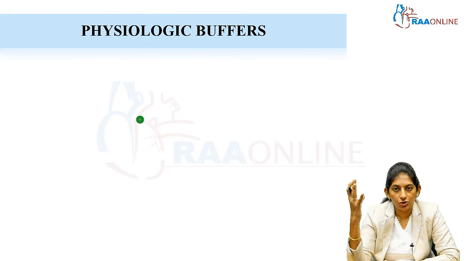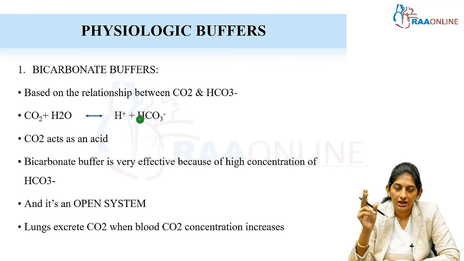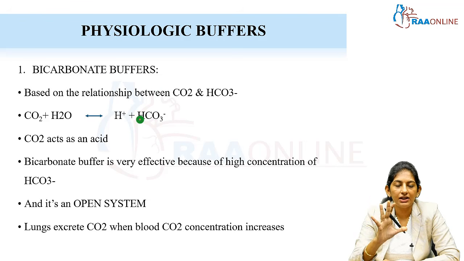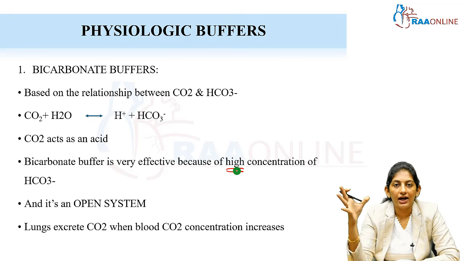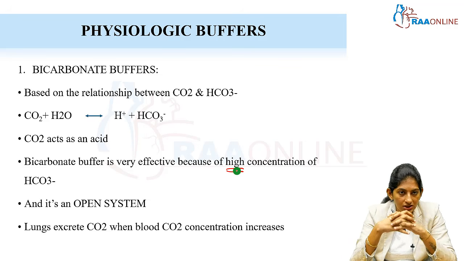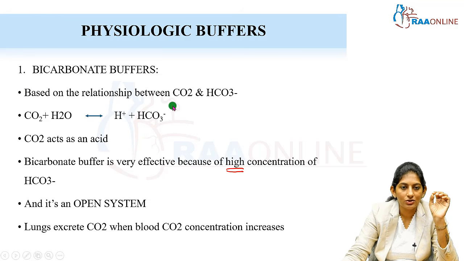So we will take a look at the buffers. The physiological buffers are divided into two: bicarbonate and non-bicarbonate buffers. Bicarbonate is a very effective buffer because of the high concentration present inside the system. And bicarbonate and carbon dioxide exist in a close relationship. Okay, just take a look at this equation over here.